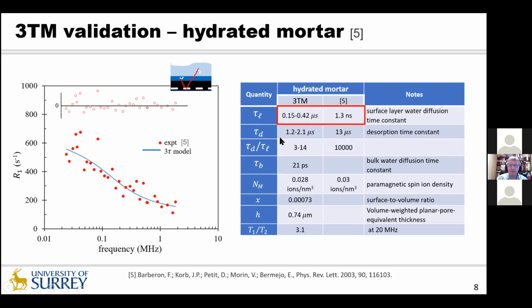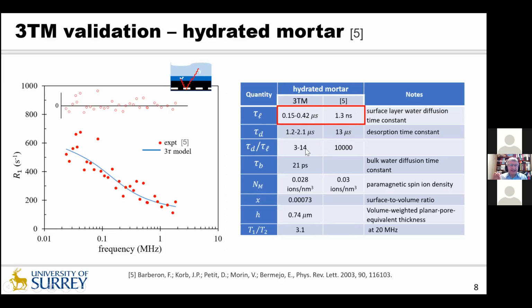And that's what we see by way of outcome of our fit, this blue curve, to this data. But we need to understand why we have a big difference in our result.